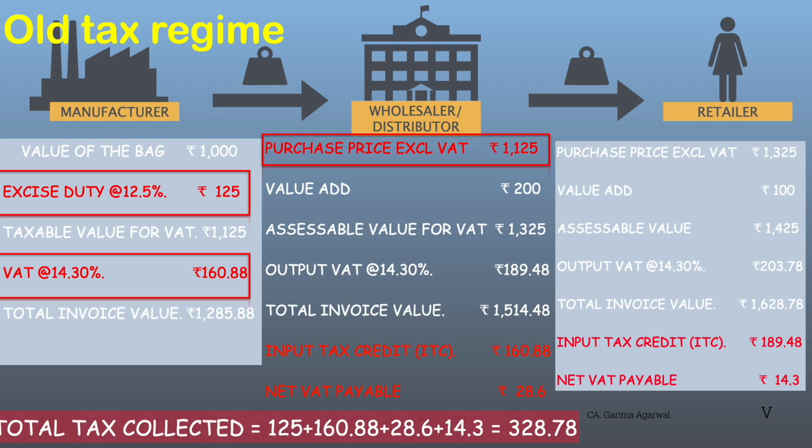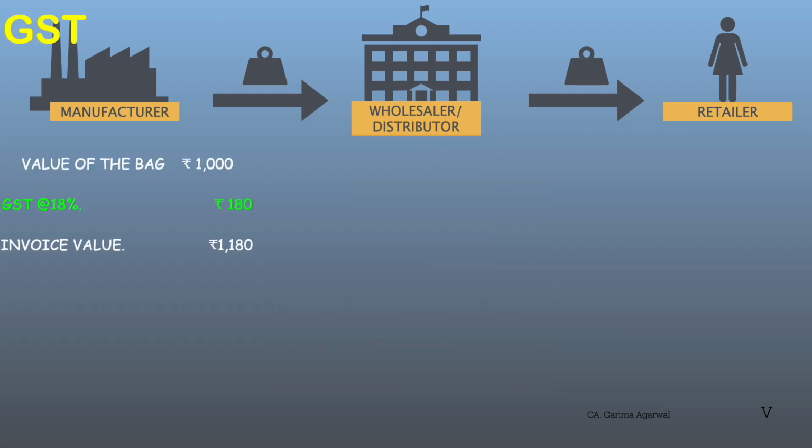So in this example, you can see the total tax collected in this transaction, or the tax cost, is approximately 328 rupees. Whilst under GST, as excise and VAT are subsumed into GST, it is one tax now. So in the same example, let's see the tax charges. At the manufacturer stage, there is just one tax of 18% GST.